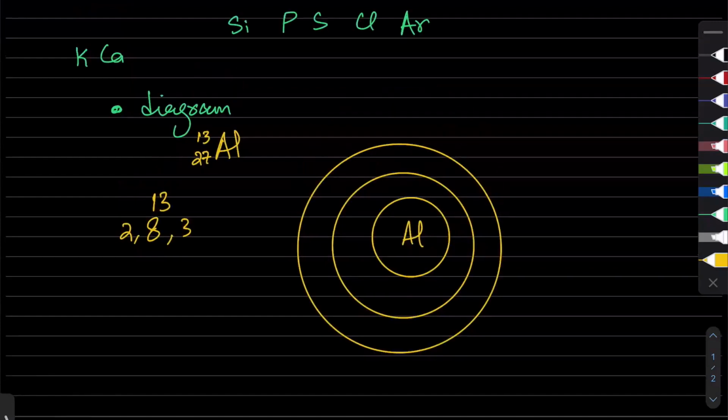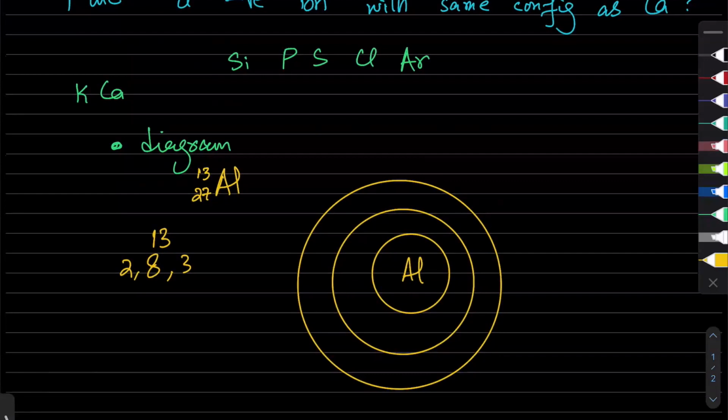You don't need to draw a very accurate, very neat diagram. As long as it's understandable, as long as it's legible, it's perfectly fine. Don't spend too much time on trying to make a very neat diagram. It's not required. Okay, so aluminum has 2, 8, 3. I'll just put 2 circles here, 8 here, and 3 here.